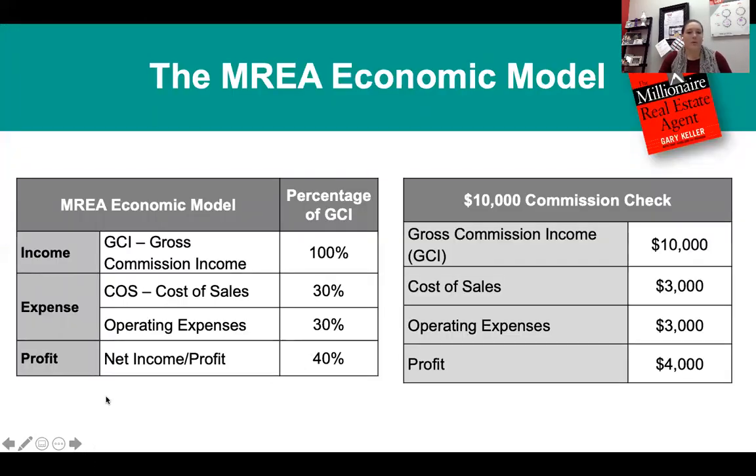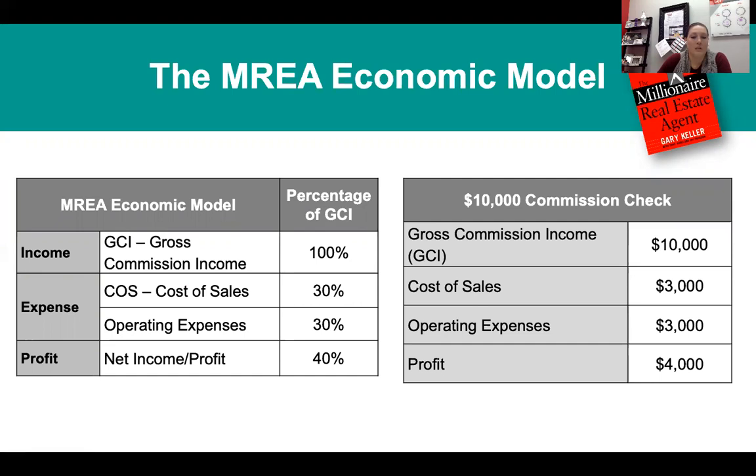So in the MREA economic model, we believe that you have 100% of your income, your gross commission. Then you're going to divide out expenses and then look at your profit, because we know that all income does not equal profit. So in our model, we have 100% of the gross commission.